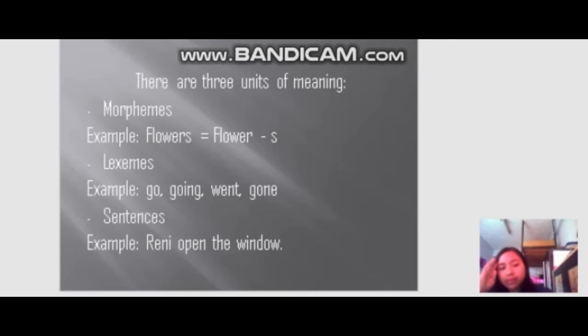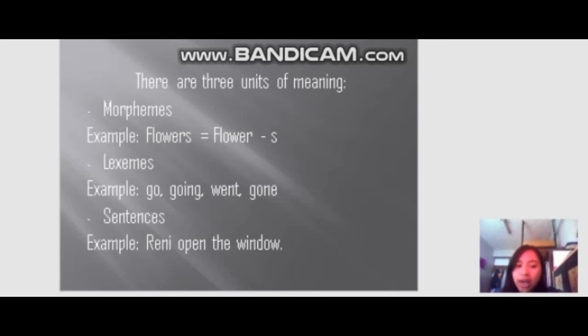So here there are three units of meaning. First is morphemes. Morphemes refers to the smallest unit of meaning a word can be broken down into. We can see on the slide the example: flower and flowers. Flowers can be broken into flower and s, which means it carries more than one meaning.